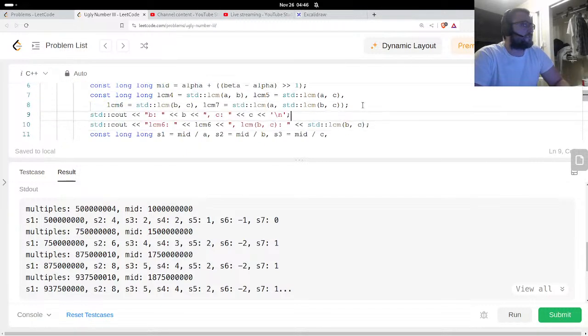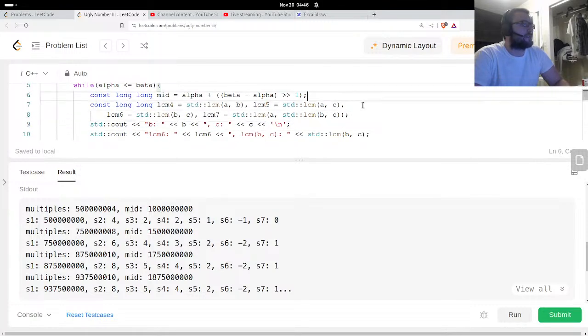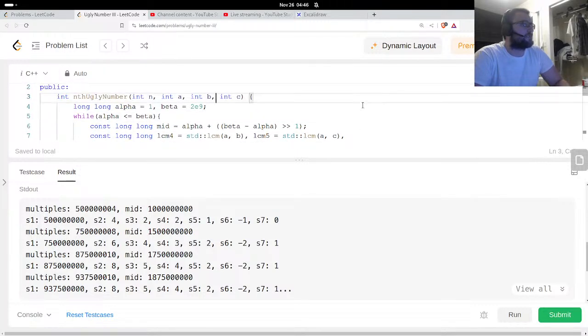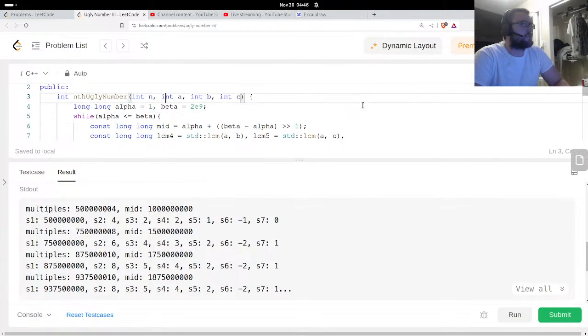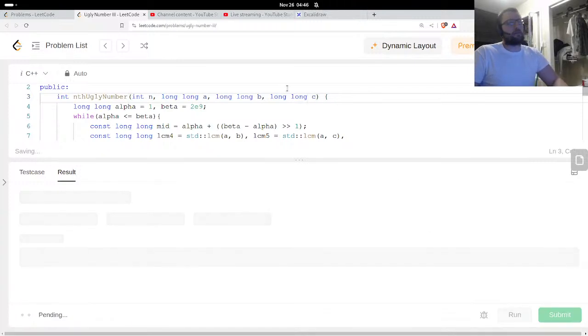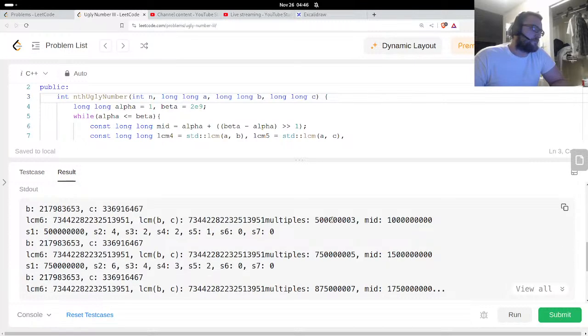I think B and C need to be converted to longs. A, B, and C. Can I do this? That might be it. There we go. Okay. Yeah, that's why.